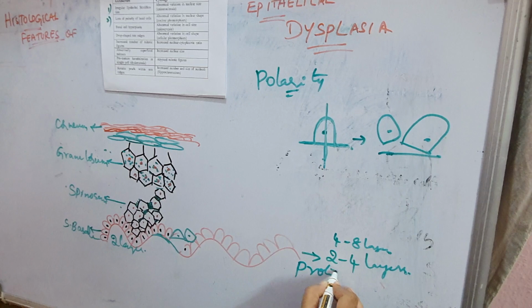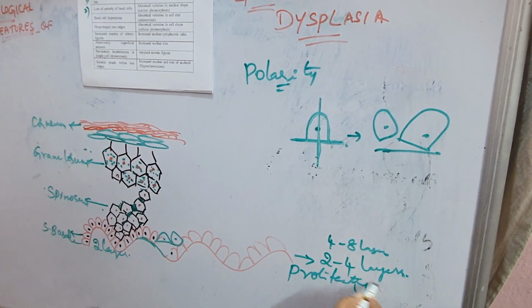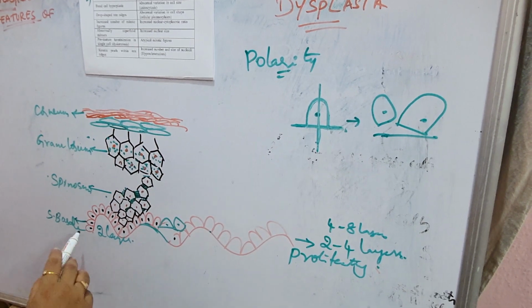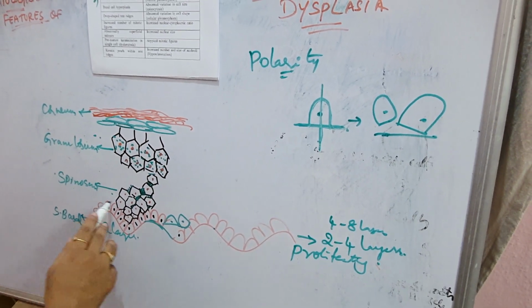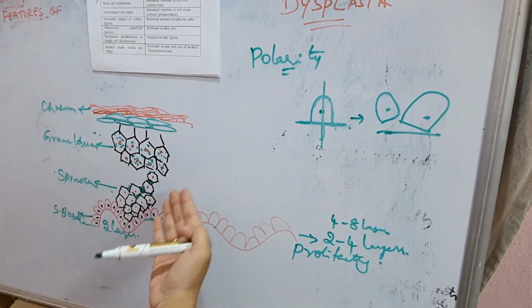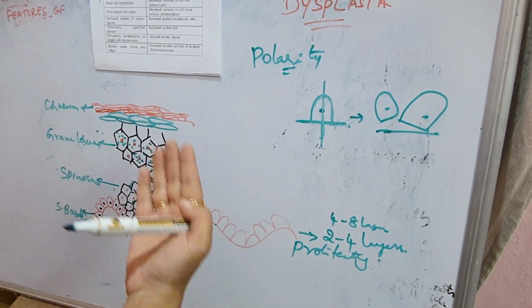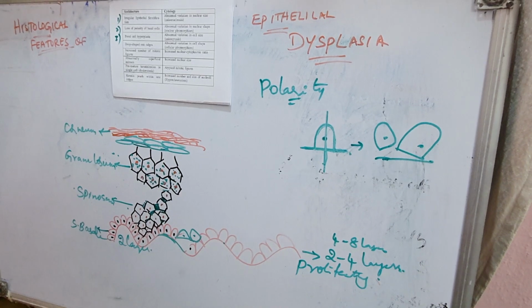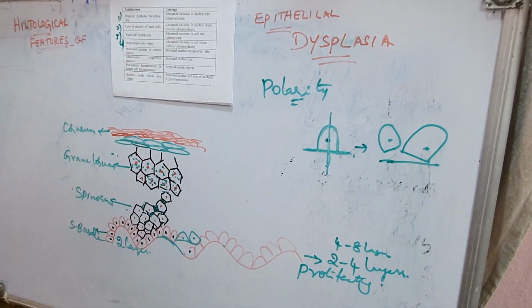Most of the proliferating cells in the mucous membrane are present in the stratum basale, so this layer keeps on increasing. That's why the first major change we see here is basal cell hyperplasia.